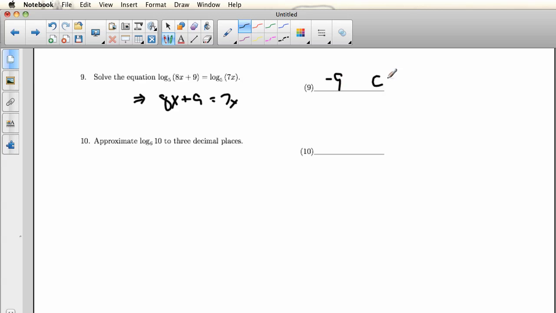Don't forget to check. This is important with log equations because they have a problem in the domain. If you check, then the equation will say log base 5 of -63 is equal to log base 5 of -63, and that's a problem because there is no such thing as the log of -63.